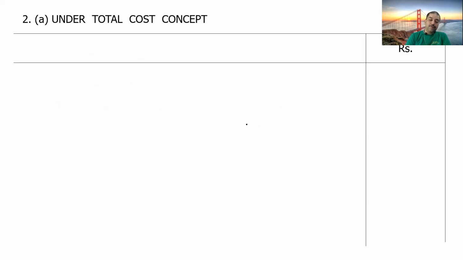Second A, under total cost concept, particulars and amount column. Material cost: 80,000 into 10, 8 lakhs.